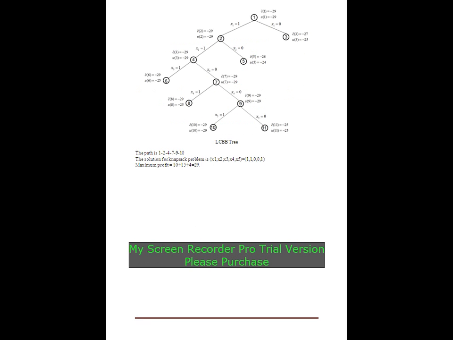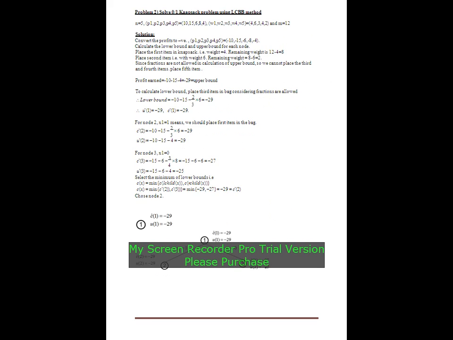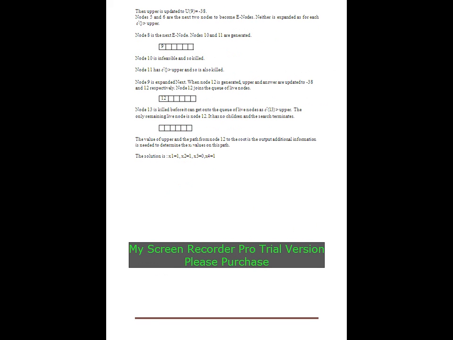So this is branch and bound. How can we solve the traveling salesman problem and also the 0/1 knapsack problem? The traveling salesman problem cannot be solved using the FIFO approach, but we can solve it using only the least cost approach. The 0/1 knapsack can be solved using both.